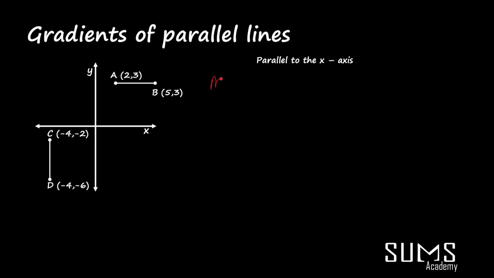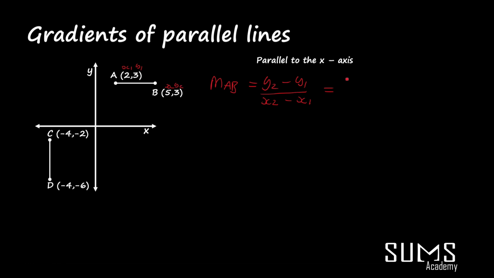We're trying to work out the gradient of line AB. That's just our gradient formula, y2 minus y1 all over x2 minus x1. So from here, that's our x1, y1, x2, y2.